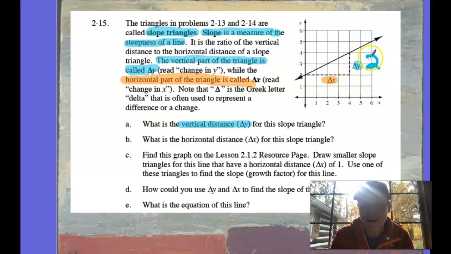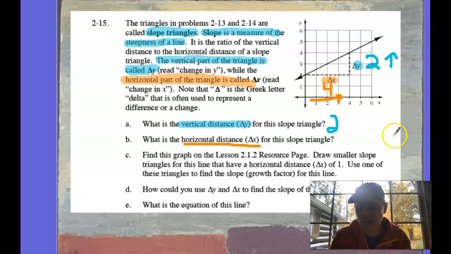Then if I'm looking at my horizontal change, going from left to right, I see it goes from 0 to 4. So this change is 4. Notice I'm moving to the right, positive, and up a positive 2. So I'll label this 4.